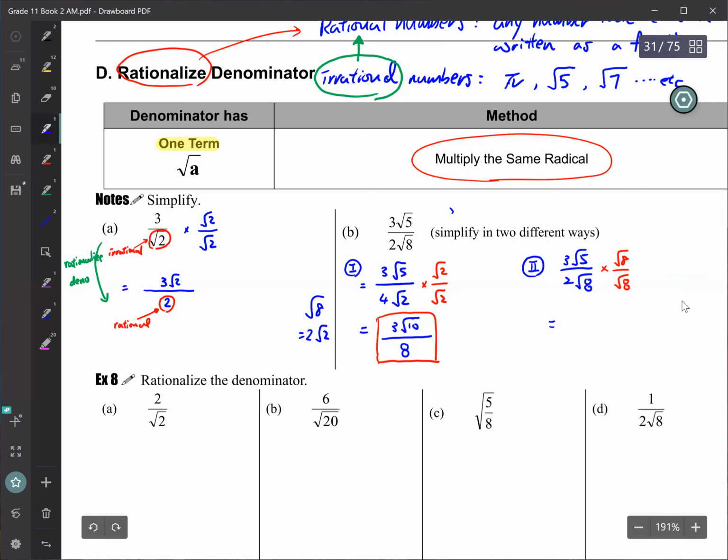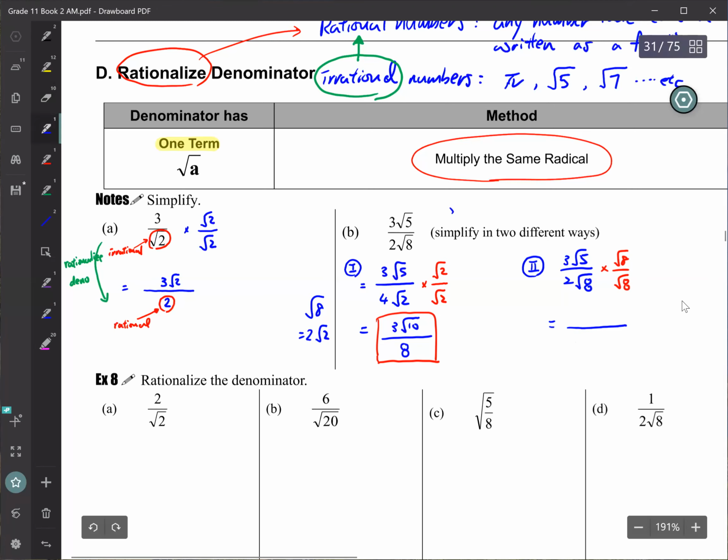Okay. Nathan, what do you get now for the denominator? You just get like 2. That's it? Actually, no. 16. 16, very good.